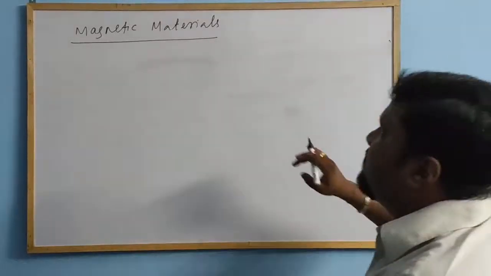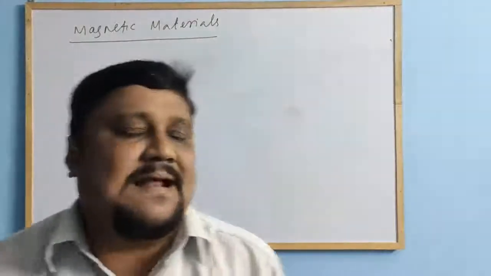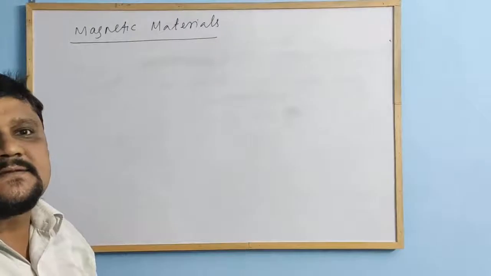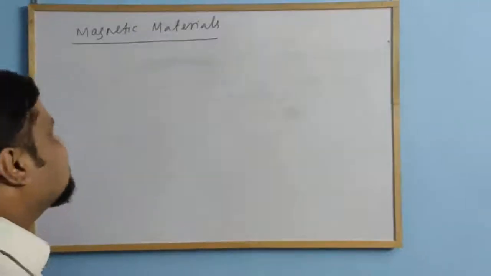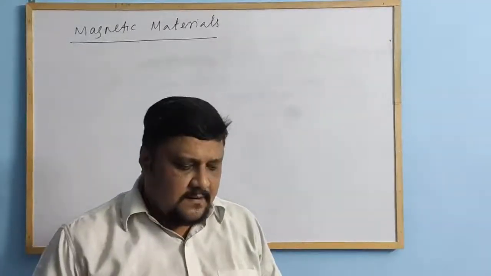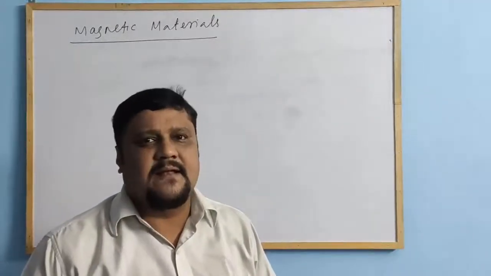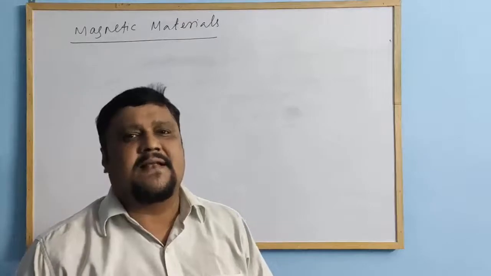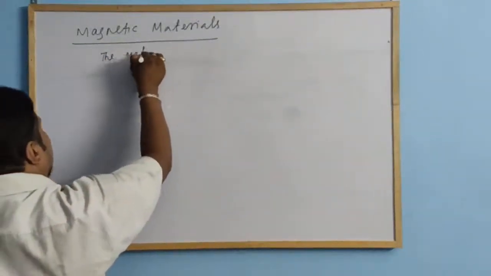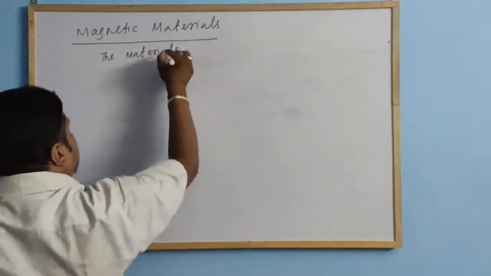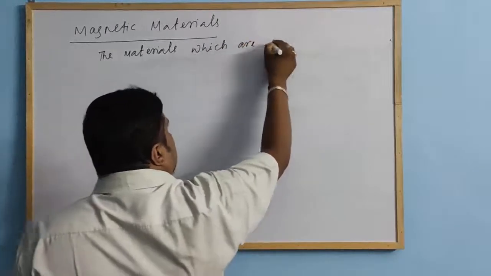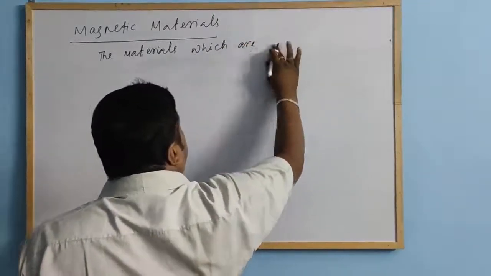Next comes magnetic materials. What do we mean by magnetic materials? The materials which are affected by a magnetic field are called magnetic materials.